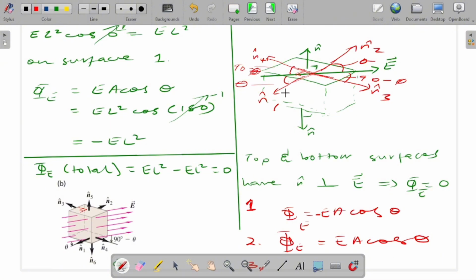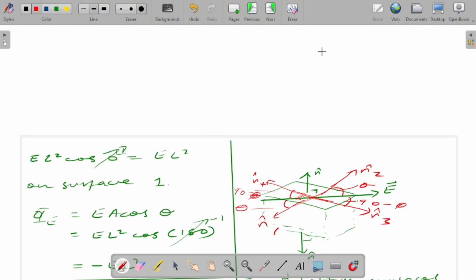Okay. Sure. If I say cos 180 plus theta, will I be wrong? I'm going to have to do some maths to figure that one out. Because in the previous one, we said the ones that are going in the opposite direction, we are writing cos theta, right?